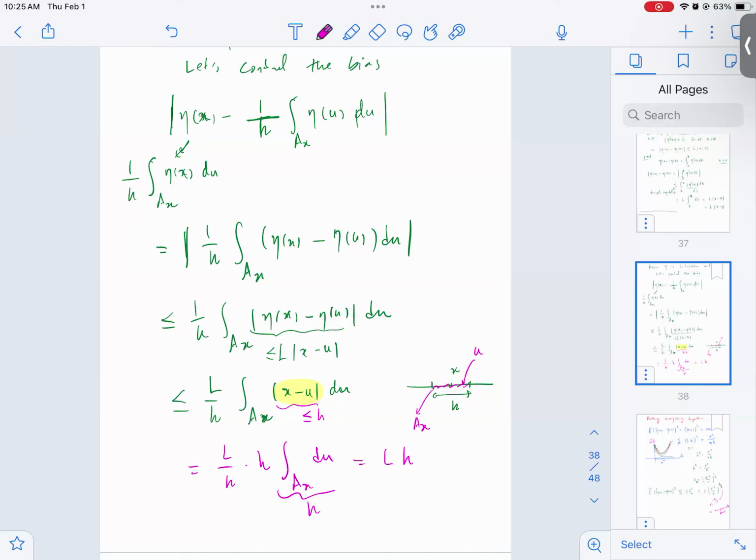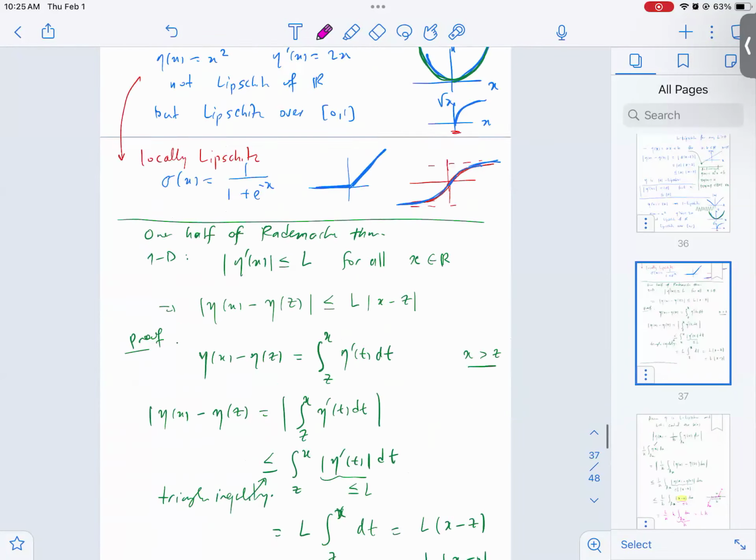The u is varying in A_x, and x is also in there, because by definition, x is in A_x. Why is u in A_x? Because we're integrating over it. When I put A_x here, it means u ranges in this interval. So you go back to where this came from.